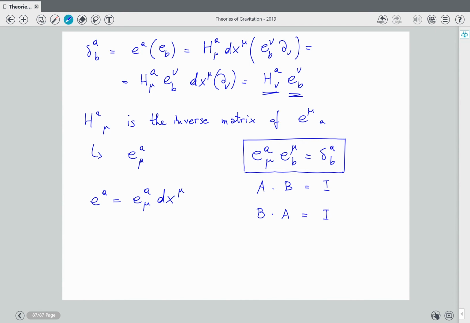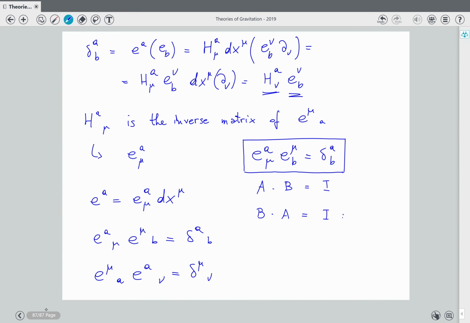And that means that we also have first this one. So let me write that identity by displacing the indices for clarity. This is delta A B. If we do B dot A, we have E mu A, E A mu equal delta mu mu.